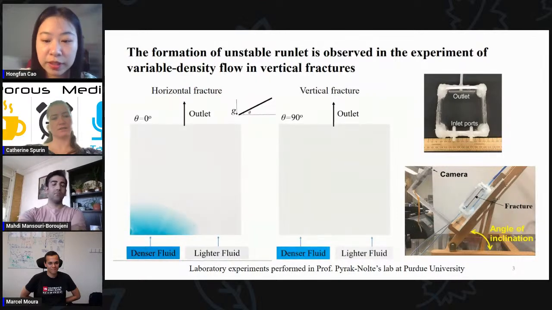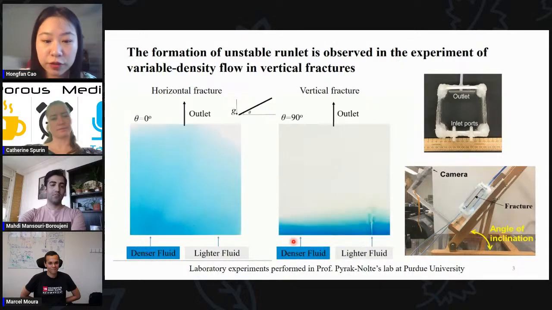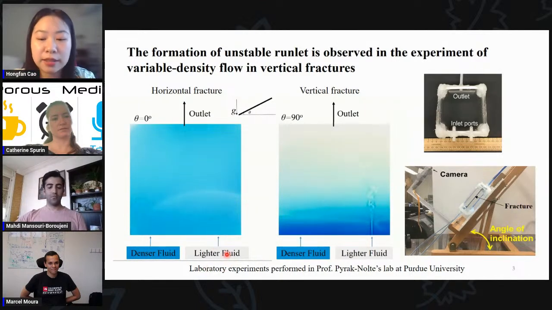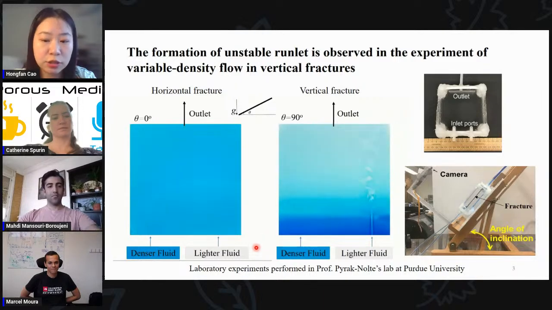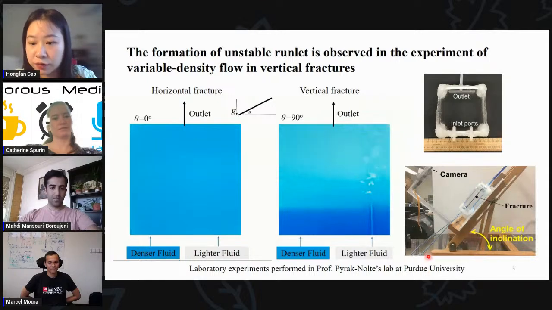In this experiment, we used the same injection rate for these two experiments. So the time scale is similar. We observed this difference because in the first experiment, the fracture is horizontal, which means the angle of inclination is 0, so the flow will flow from the inlet to the outlet more easily.